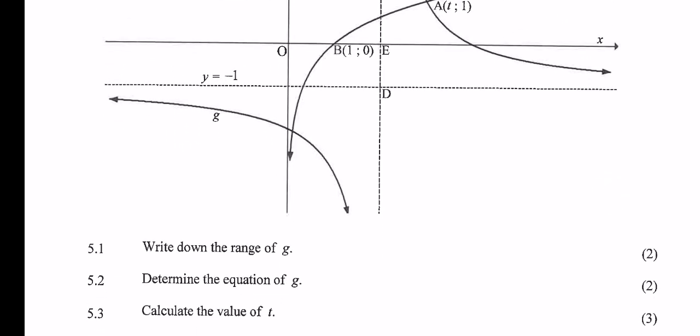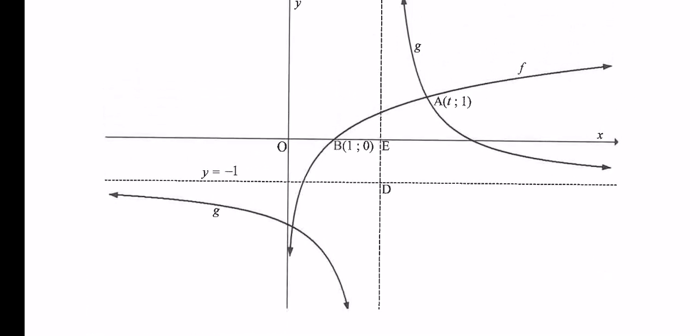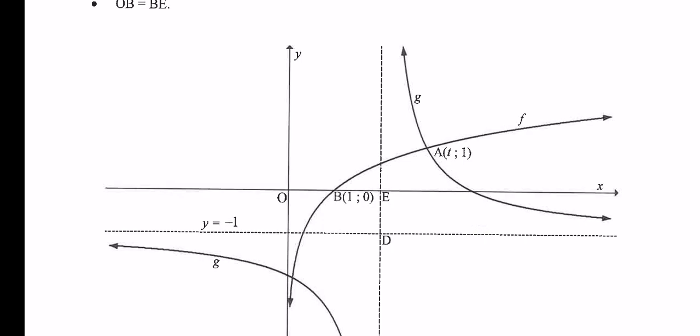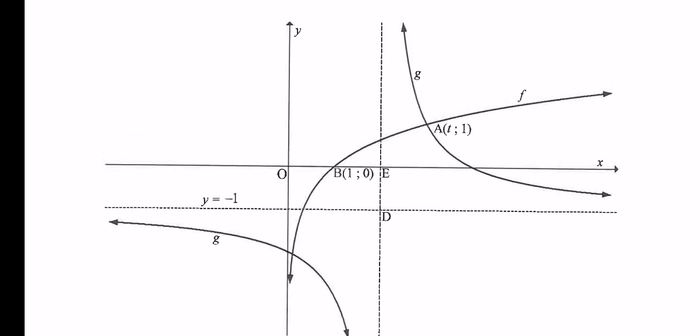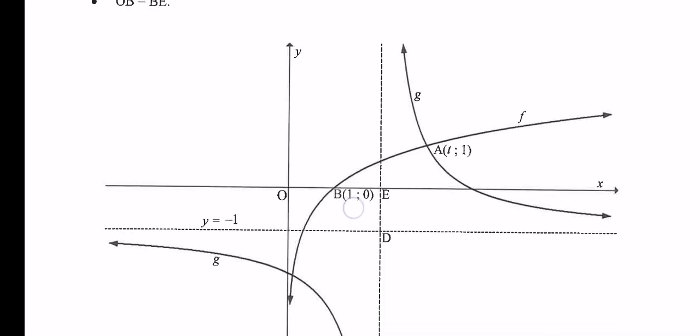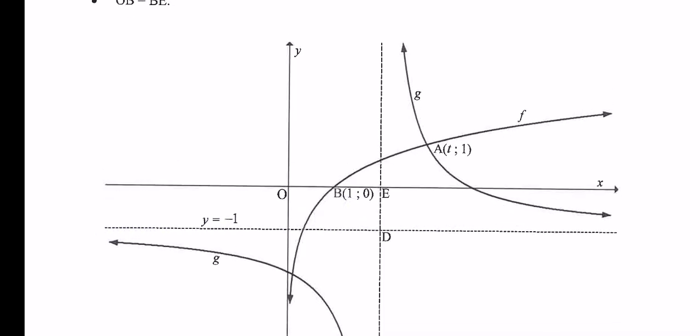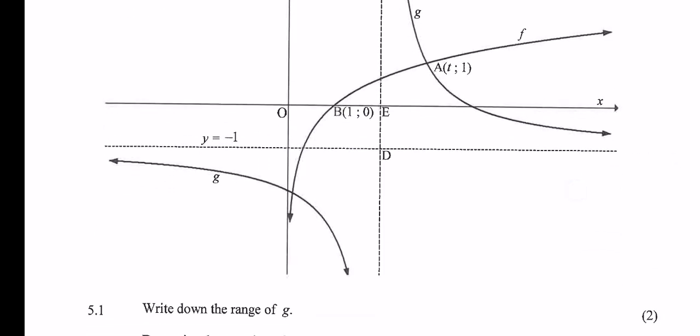Write down the range of g. The range is the real values of y for this graph. Remember, the range cannot be the asymptote, the horizontal asymptote. Since we are given the horizontal asymptote, it's y equals -1.